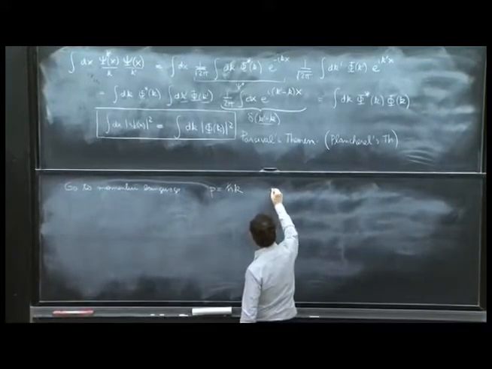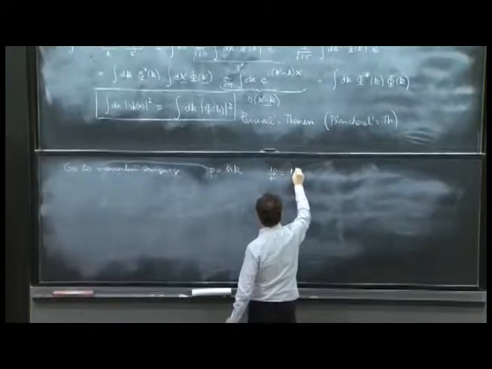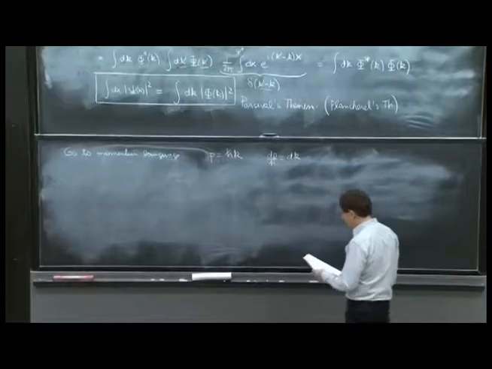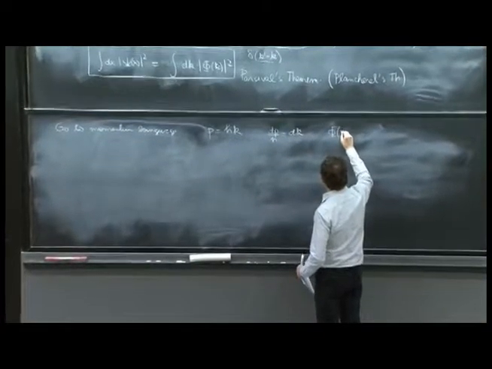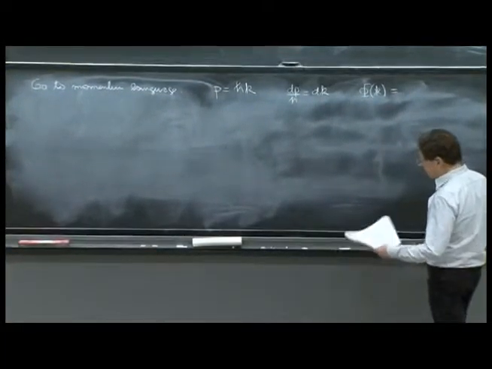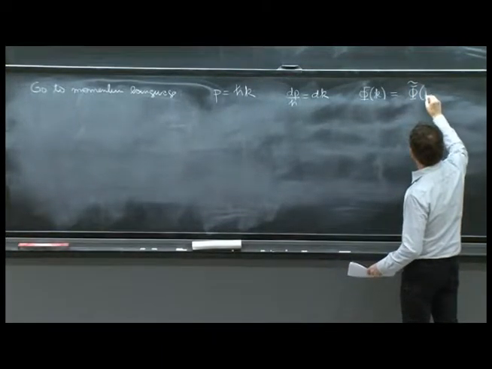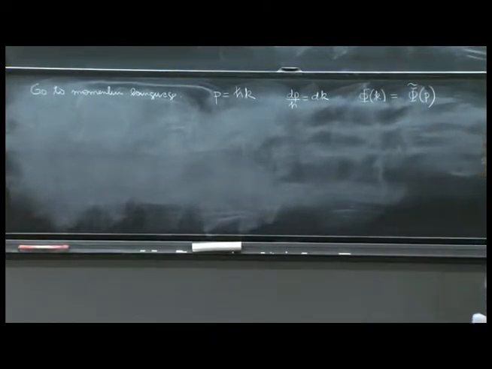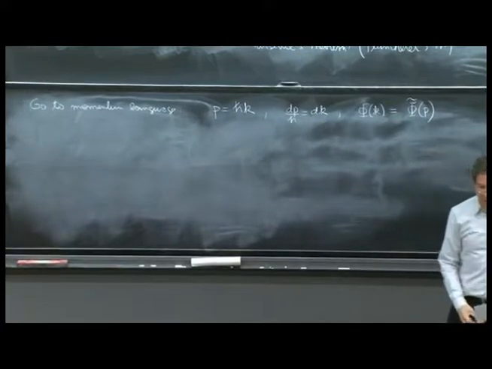So dp over h bar is equal to dk in our integrals. And we can think of functions of k, but these are just other functions of momentum. So I can make these replacements in my Fourier relations.